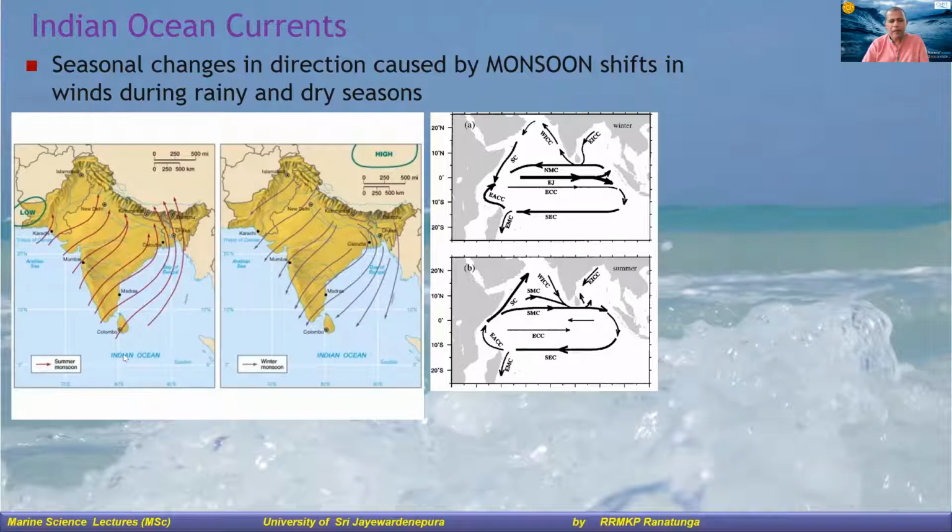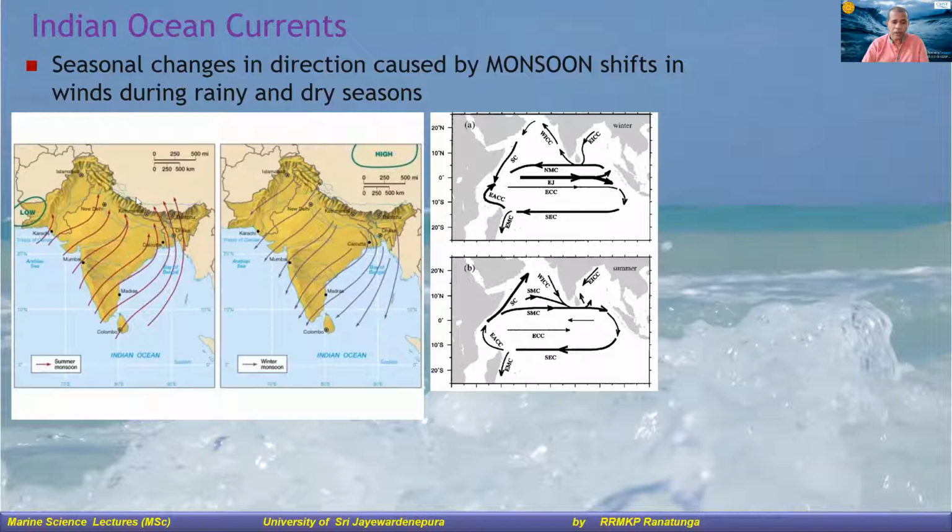When it is just above the Indian Ocean, like here, you can experience warmer temperatures on the ocean side than on the land of the Indian subcontinent, which means it is warmer here and colder here.